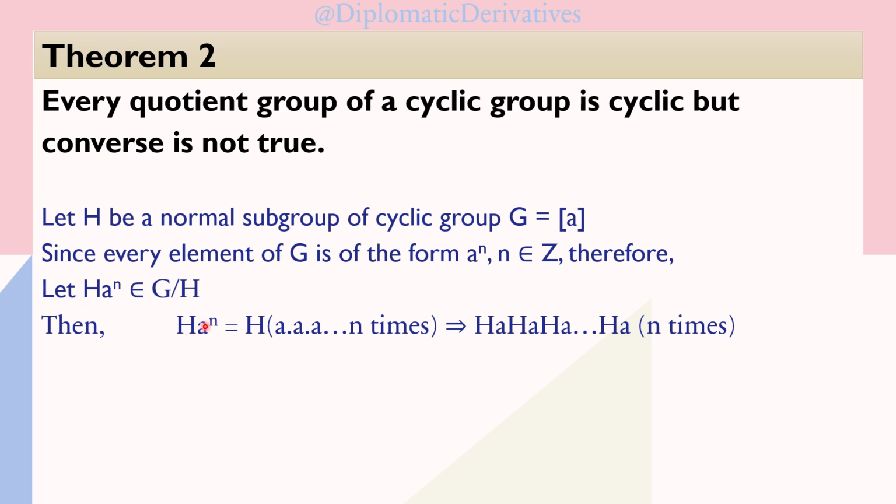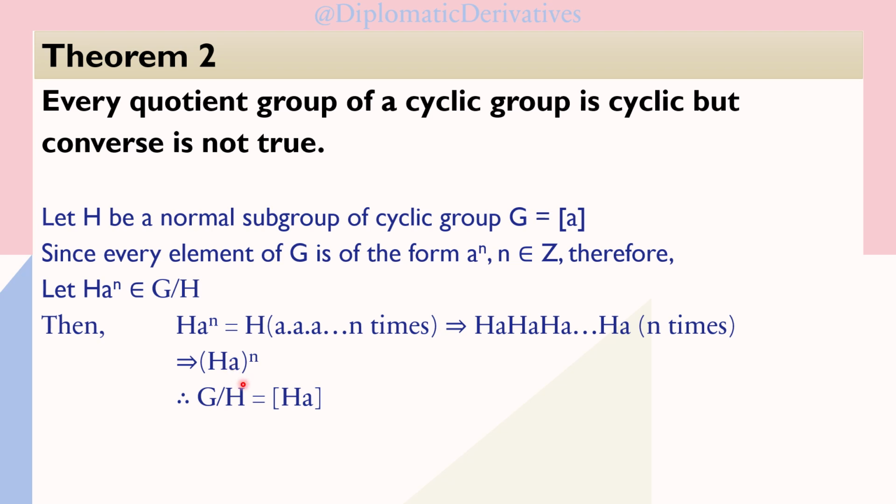Now, Ha raised to n can be written as what? H into a raised to n means a, n times. So it will be H when multiplied, it will become Ha, and so on n times. So this means Ha is n times, so Ha the whole raised to n. According to this, you can write it in this form.